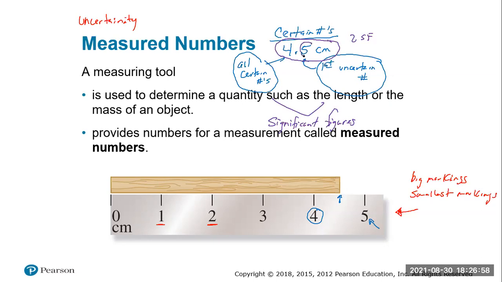The uncertainty lies right here in the 5. By recording 4.5 centimeters, we're saying we think it's 4.5 centimeters, but maybe it's 4.6, maybe it's 4.4, which, if you look at it, is in that range. Based on this equipment, that is the best we can do. So when you record a measurement, all the certain numbers plus the first uncertain number make up the significant figures. Any questions on that?